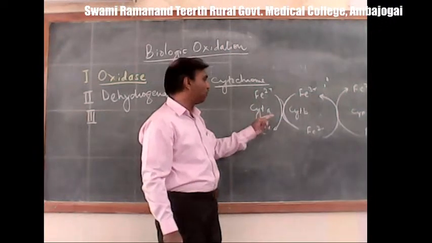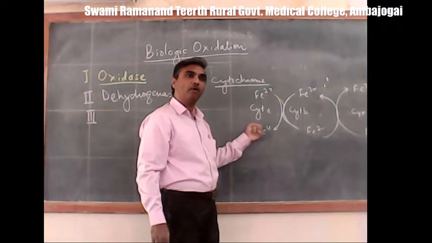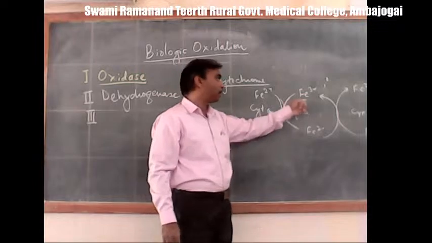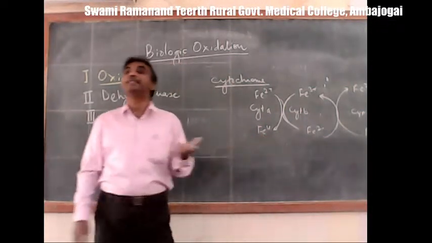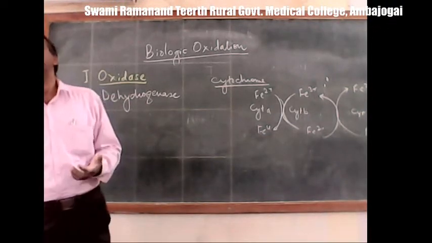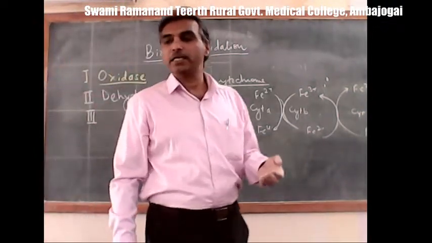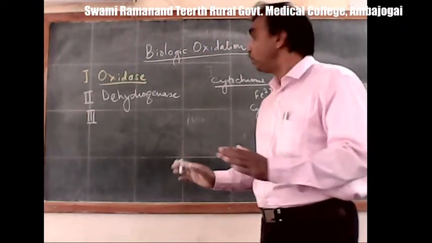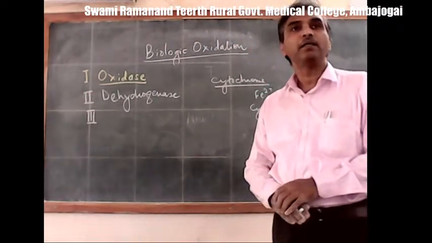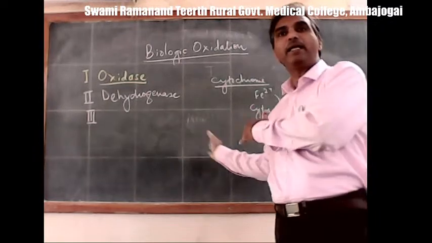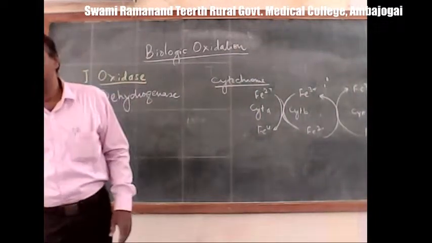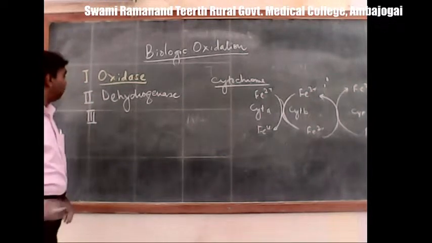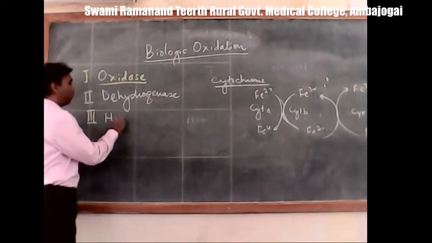So one cytochrome, this is A, is oxidized, another B is reduced. So these cytochromes work like dehydrogenases. That's why cytochromes can be classified under dehydrogenases. Then the third one is hydroperoxidases.